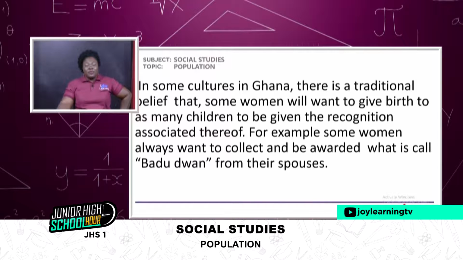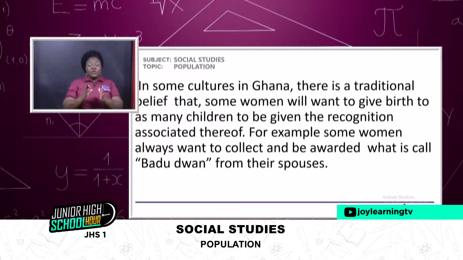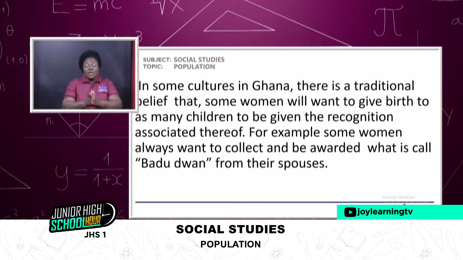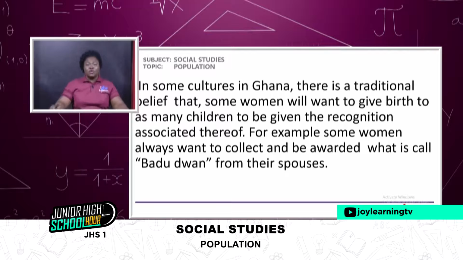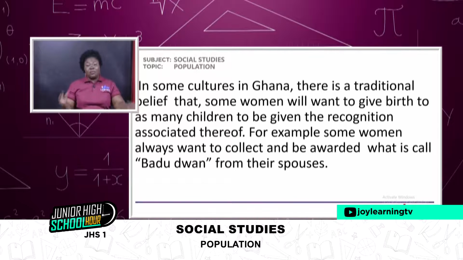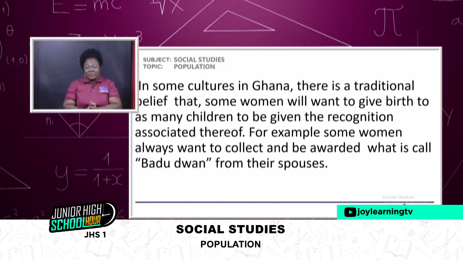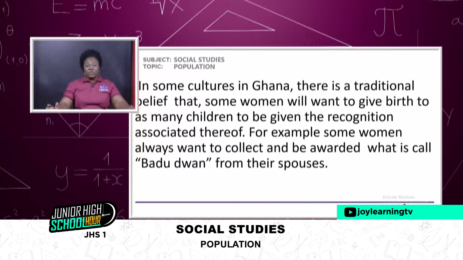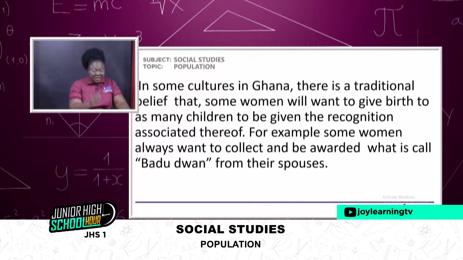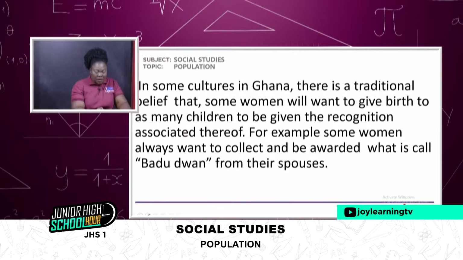This Bedugwan is what? It's a name given to a traditional woman who gives birth to 10 children. So if somebody is called Bedu, that means that the person is the 10th child of that woman. Wonderful. That woman is great, giving birth to 10 children. And when the 10th child comes, then a goat or a sheep is given to the woman. So it's a challenge in certain traditional cultures.